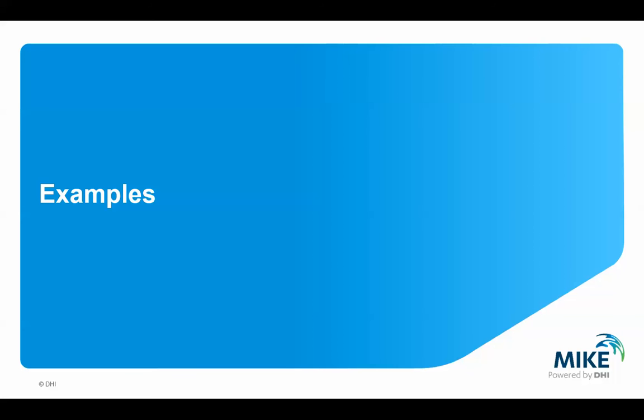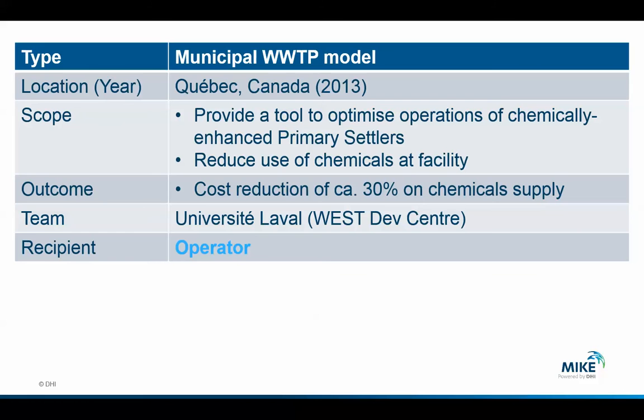Right, so let's take a look at some case studies. First case study has got to do with the implementation of a custom model, where by custom model, I mean a model that is not available in the standard West library, a model in this case for a chemically enhanced primary settling tank.